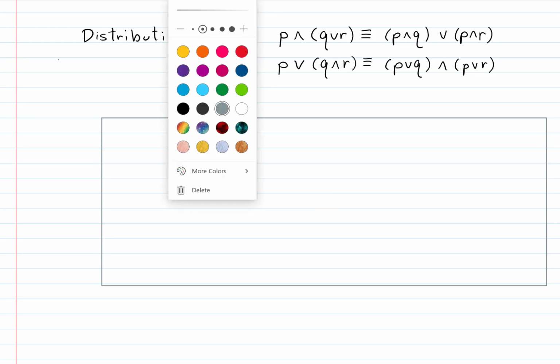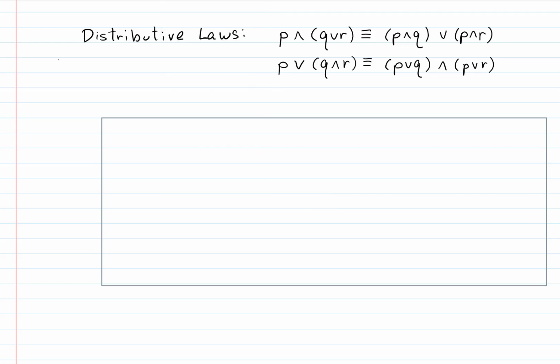So we have 3 variables again: P, Q, and R. So there's going to be 8 possible combinations of true and false. You saw me list them out individually in the previous example. Okay, so this one I'm just going to go ahead and write them out.